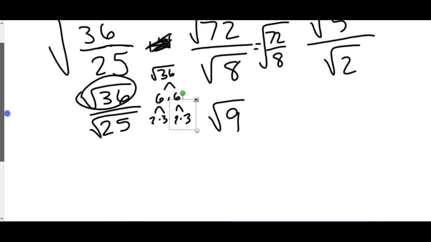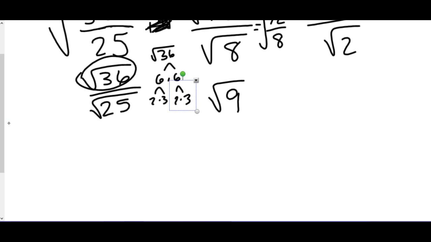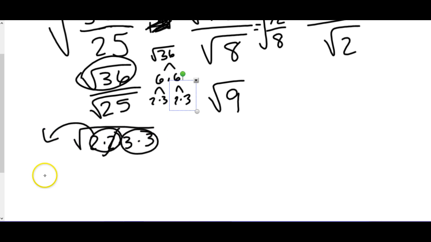And the other 6 will also break down to be 2 times 3. So square root of 36 is really 2 times 2 times 3 times 3. It is square root, so we're looking for groups of 2. 1 dies, 1 makes it out alive. So we now have a 2 outside the square root. 1 dies, 1 makes it out alive. We have a 3 outside the square root.